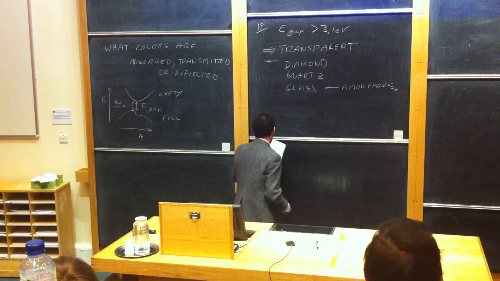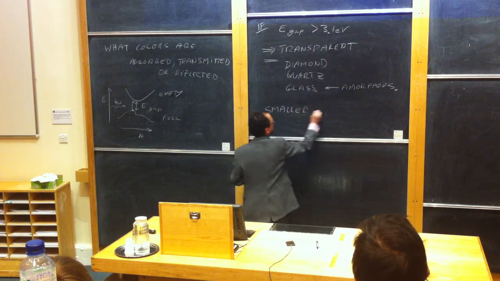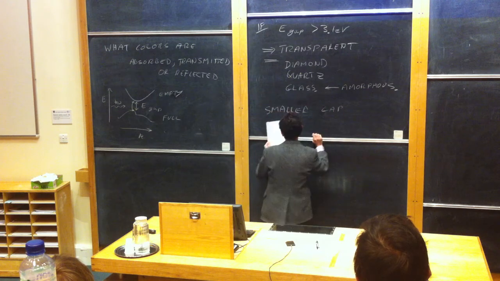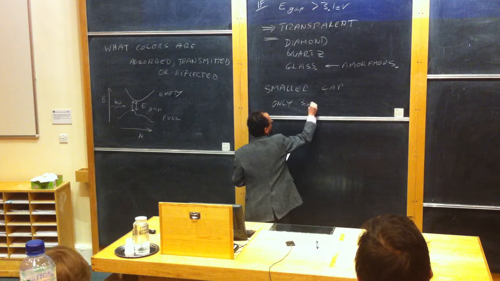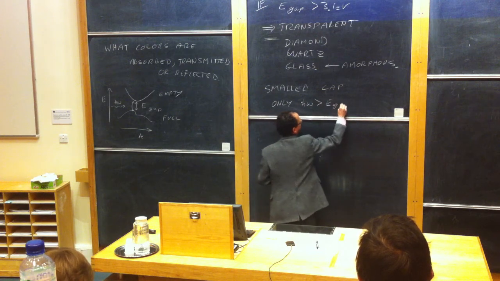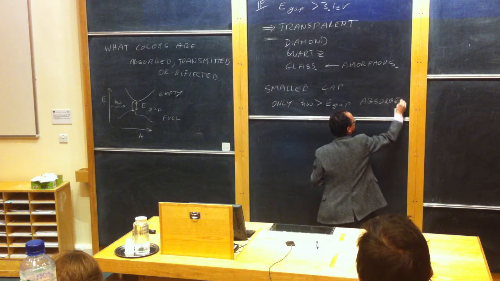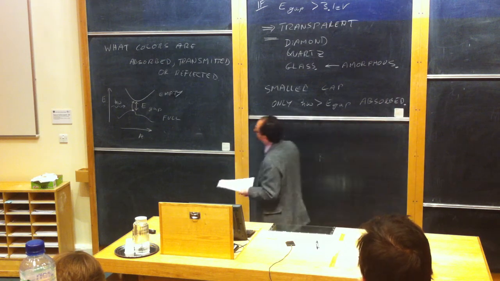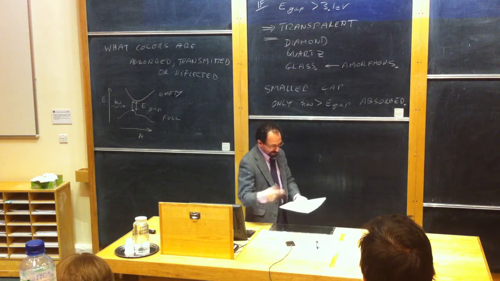Now, if you have a smaller gap, then only h bar omega greater than E gap is absorbed. So you'll have some colors absorbed and some colors just go right through.